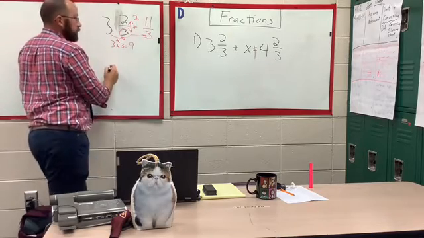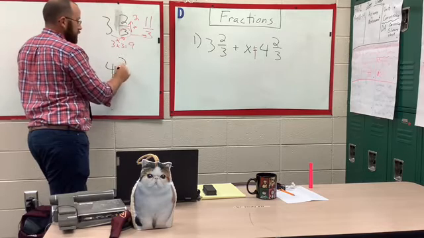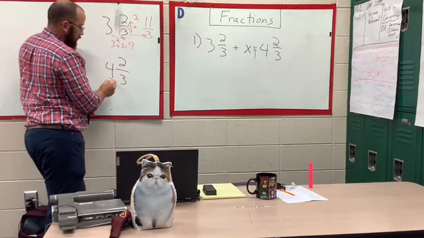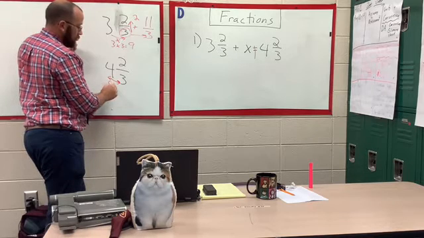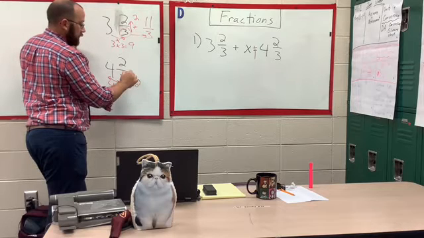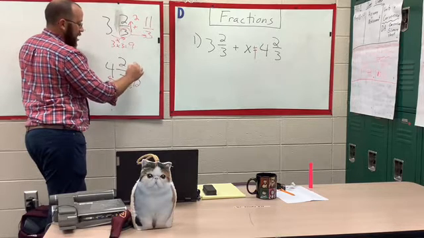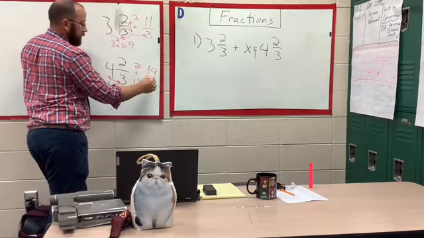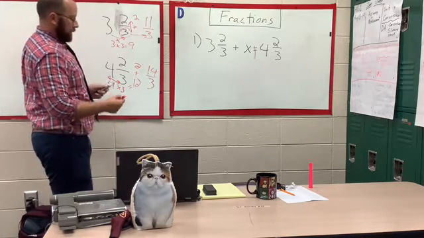Now if I want to do 4 and 2/3, I multiply these two, so 4 times 3, which equals 12, and then I add the top number, which gives me 14, and then I just keep my denominator, 14/3.